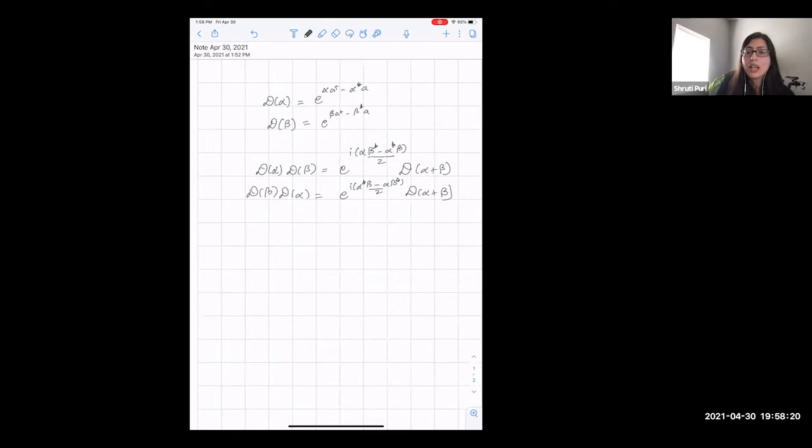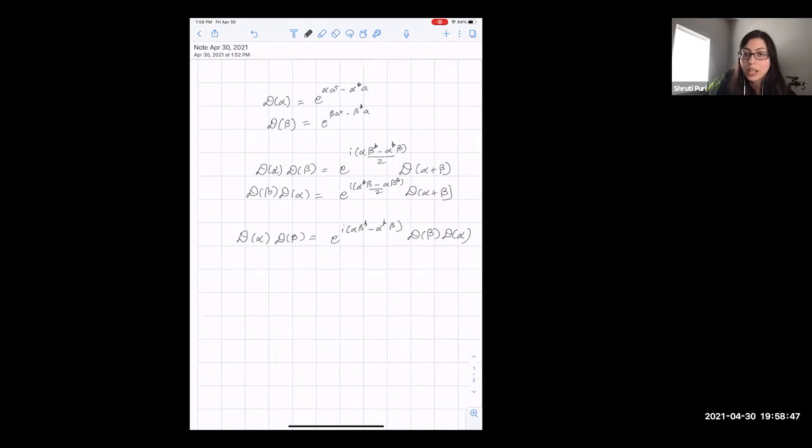So now, basically what you have is that the displacements don't commute, or they commute up to a phase. So basically you have D alpha D beta is equal to e to the i (alpha beta star minus alpha star beta) D beta D alpha.